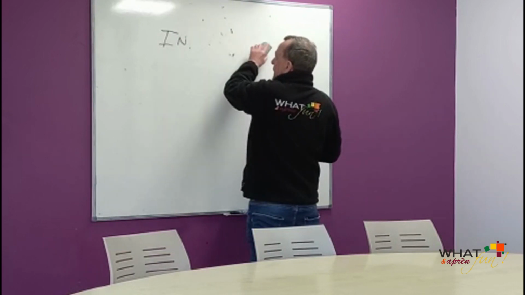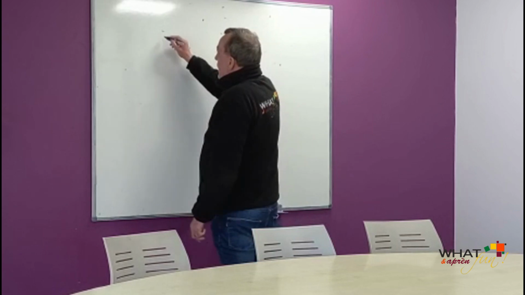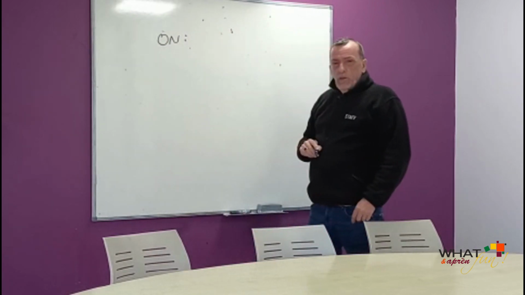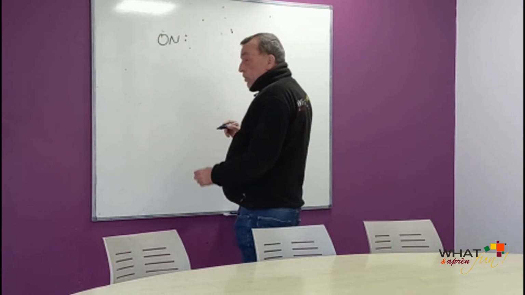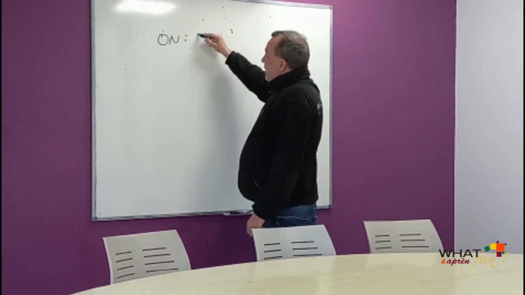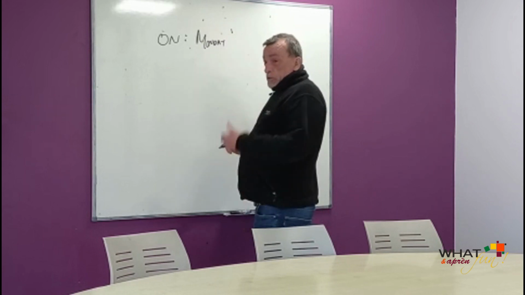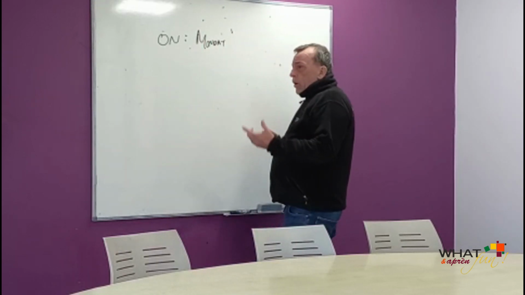So, in and at. Now we have on. We use on for a specific date or day. On Monday, on Tuesday, on Wednesday, on Thursday, on Friday, on Saturday, on Sunday, yes? On.